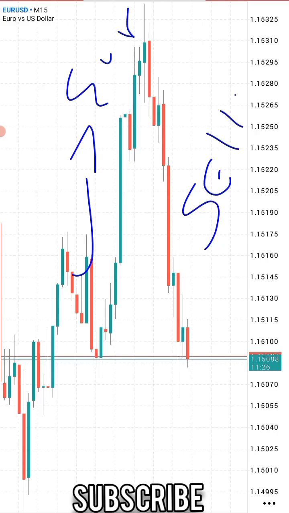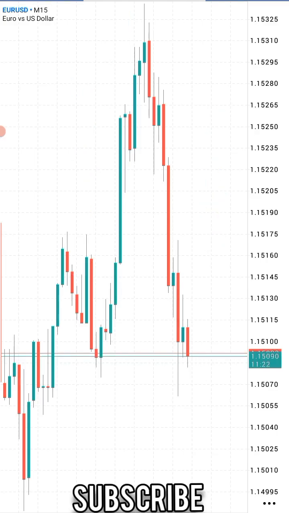But if we are selling euro, it means that we are buying what? We are buying dollars. Don't mix it, please. If we are buying this particular pair, which is Euro USD, we are buying Euro and selling dollars. But if we are selling Euro, we are buying dollars.